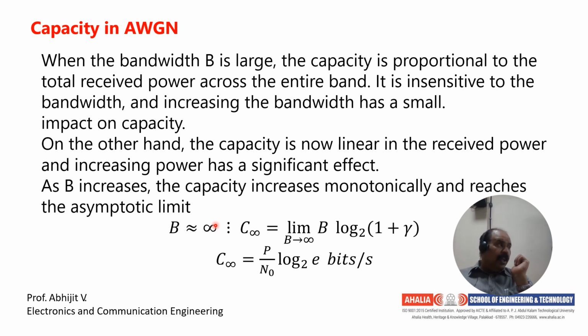When bandwidth approaches infinity, the capacity of the channel C is equal to limit B tends to infinity of B into log to the base 2 1 plus gamma, where gamma is the signal to noise ratio, which is defined as P by N naught into B. So the capacity of a channel when the bandwidth is infinity is given by C infinity is equal to P by N naught log to the base 2 E bits per second.